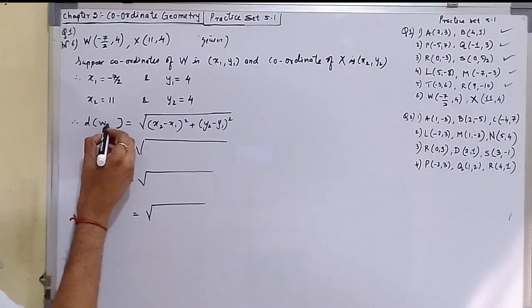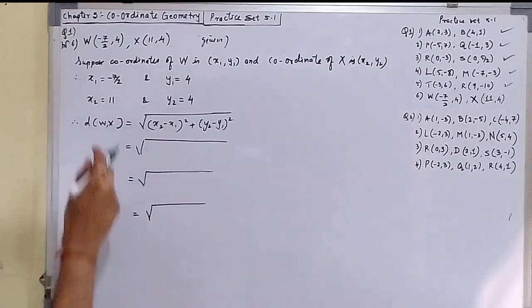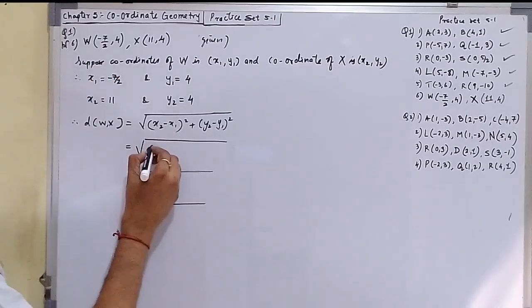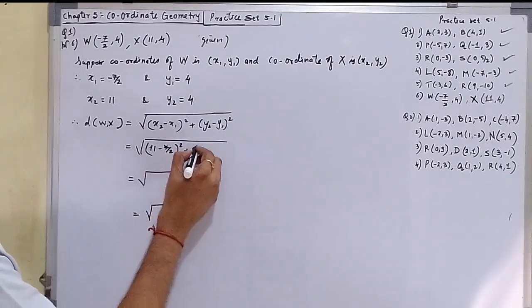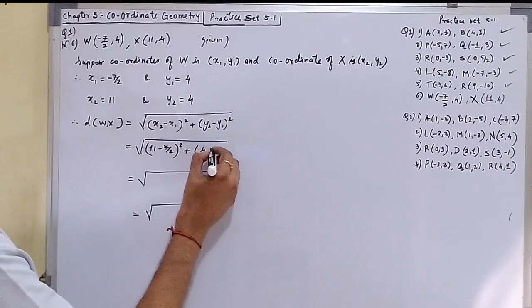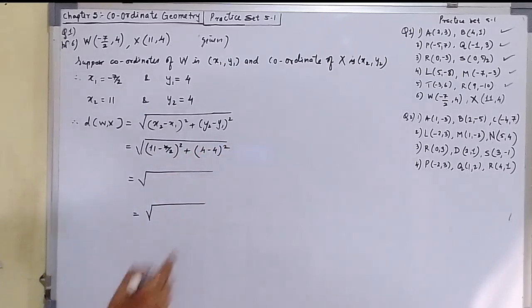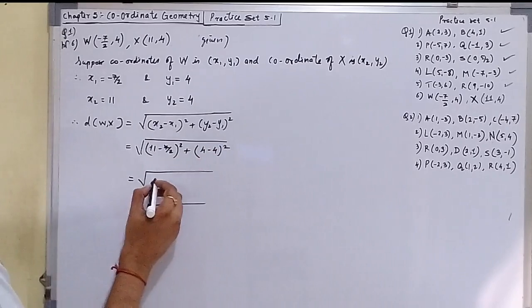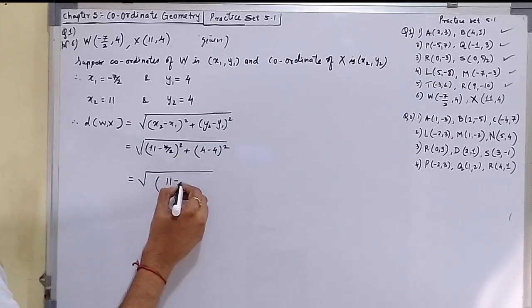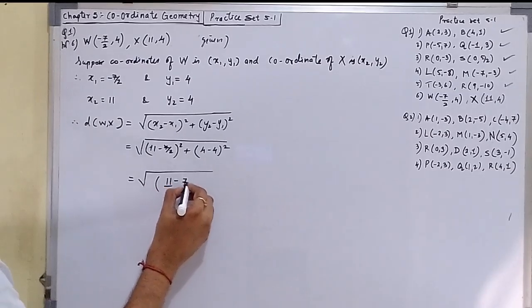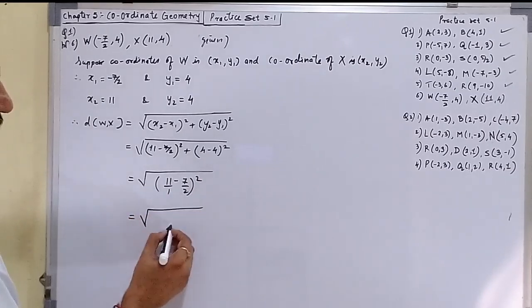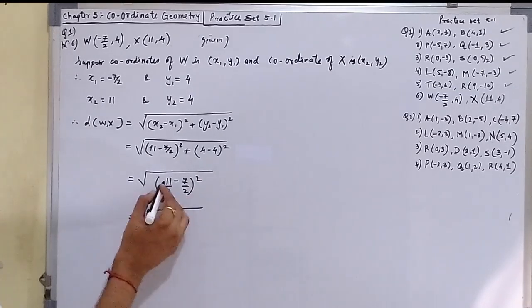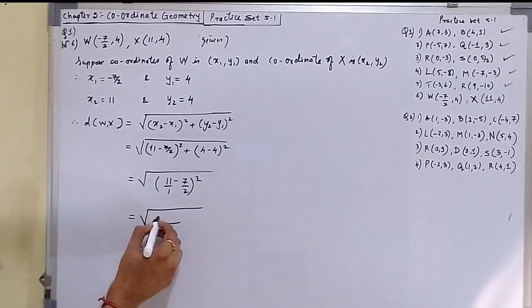distance w comma x. So x2 minus x1, 11 minus 7/2 the whole square plus 4 minus 4 the whole square. 4 minus 4 is 0, that goes away. 0 square has no meaning. Here it comes: 11/1 minus 7/2, squared. So take the LCM, 2 1s are 2. Now 2 into 11, 22.